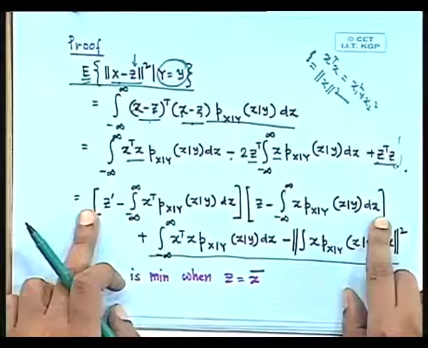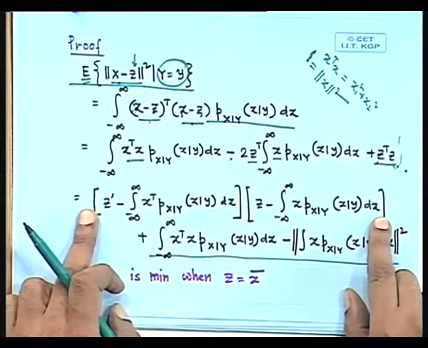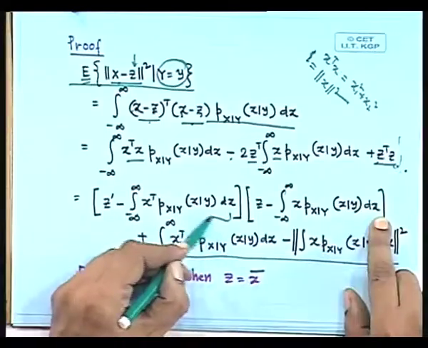This thing is a square, which means that it will be either 0 or positive. So the minimum value it can have is 0 because it is a square. When will it be 0? When this is 0.